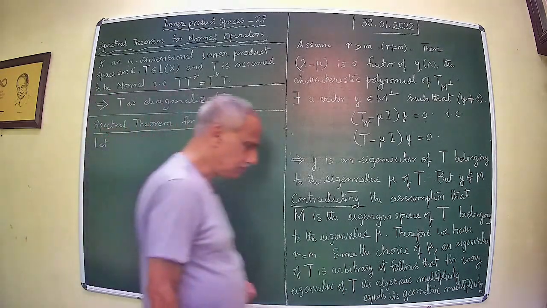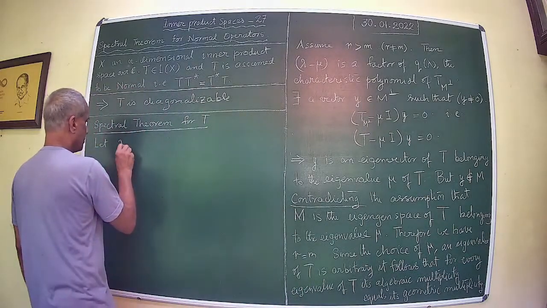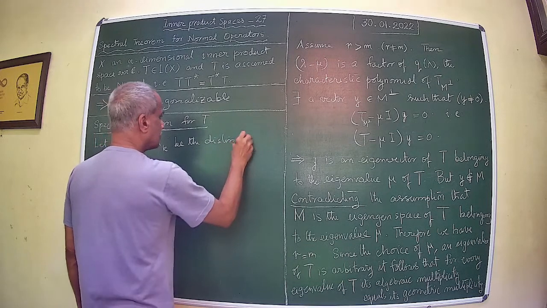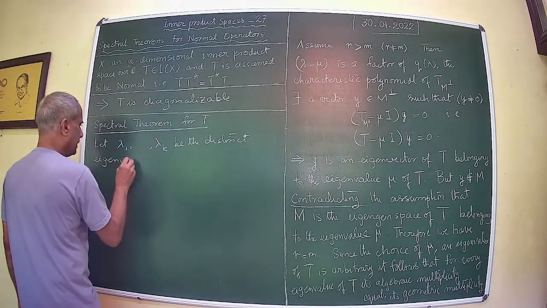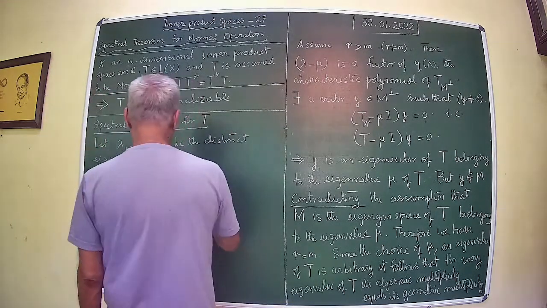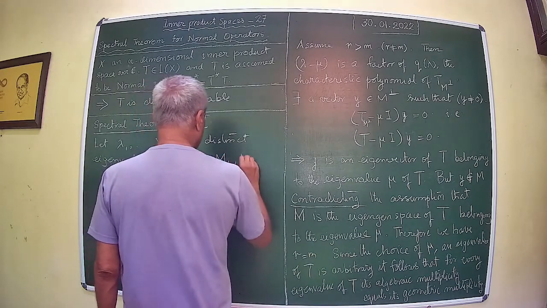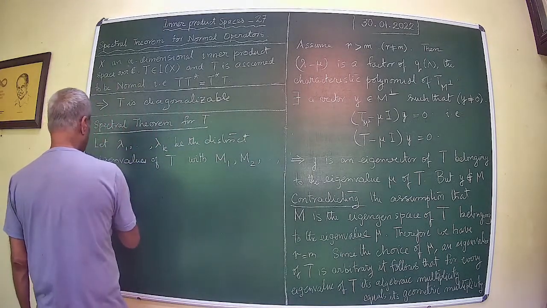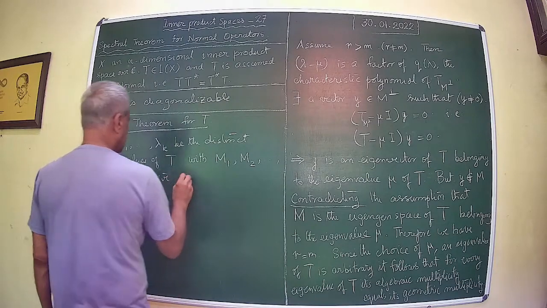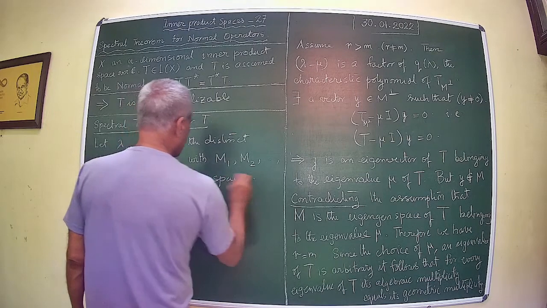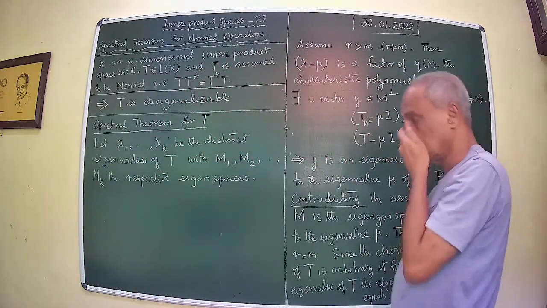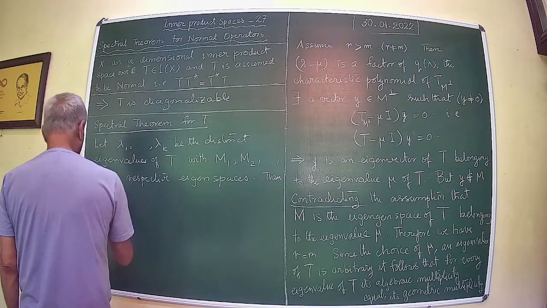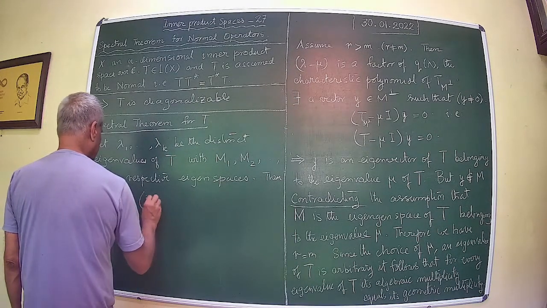Let λ1, ..., λk be the distinct eigenvalues of T with respective eigenspaces M1, ..., Mk. Then what we have is that Mi is orthogonal to Mj, i not equal to j.